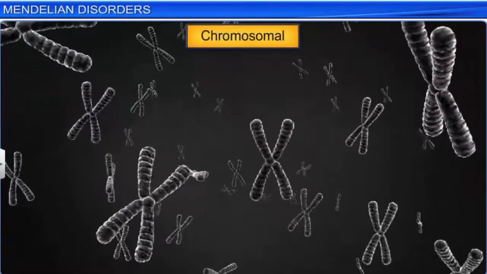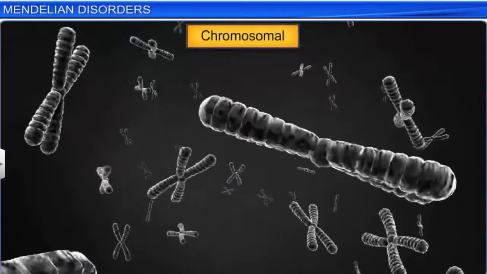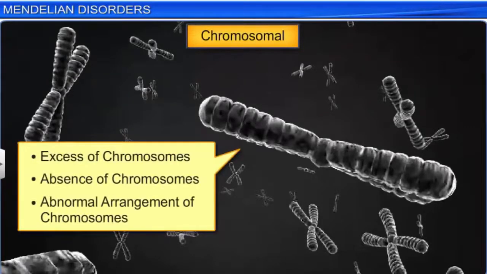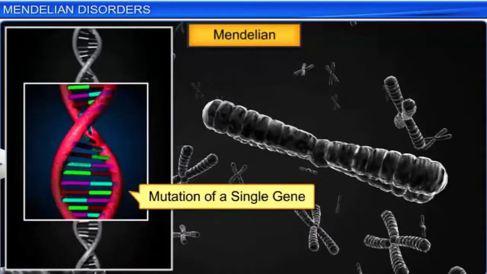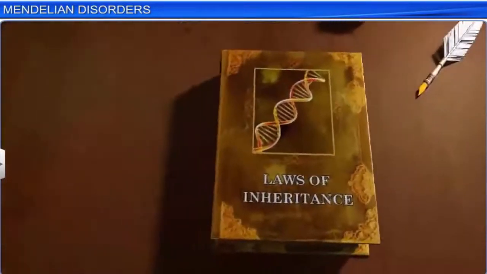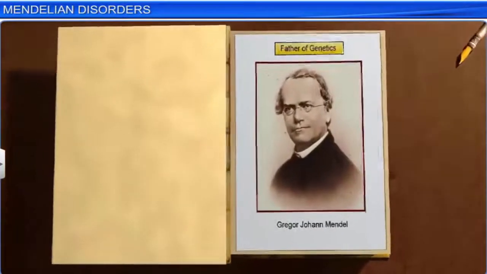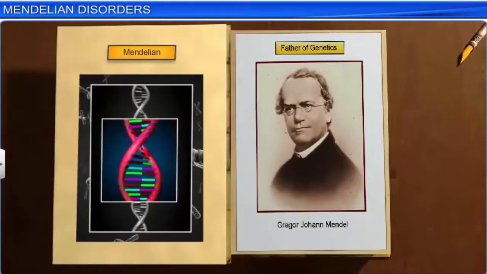While chromosomal disorders include genetic disorders caused by an excess, absence, or abnormal arrangement of chromosomes, as in Down's syndrome and Turner's syndrome. Let's now learn about Mendelian disorders in greater detail. The mutated genes that cause Mendelian disorders follow the laws of Mendelian inheritance.